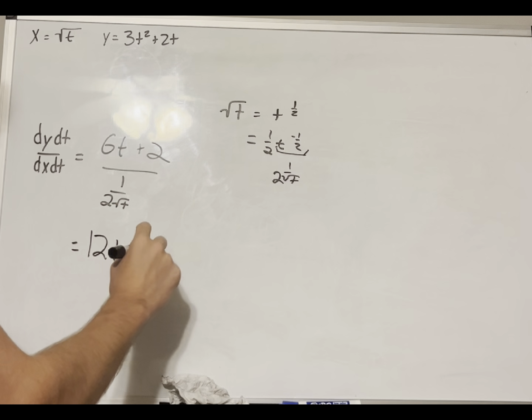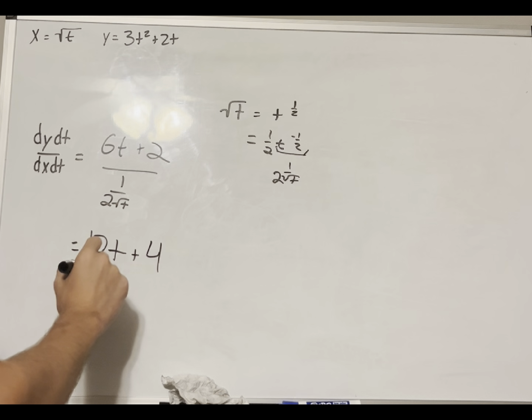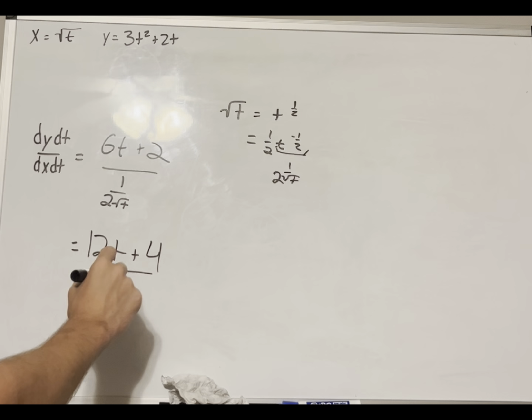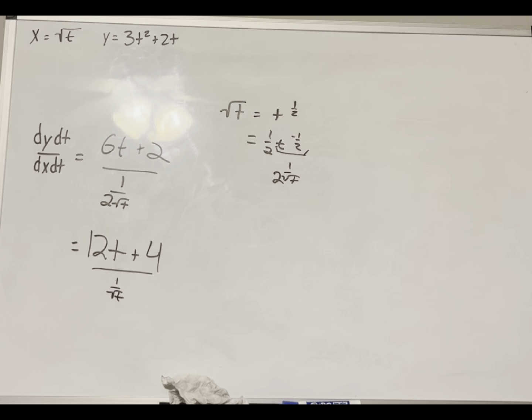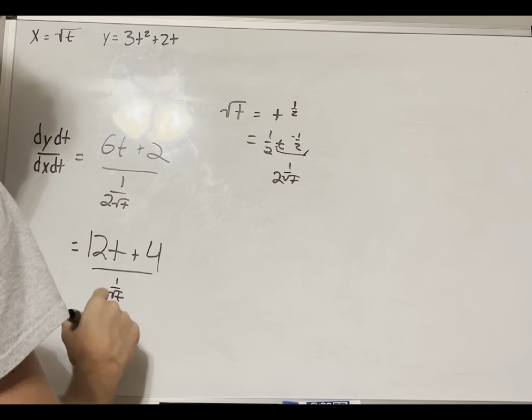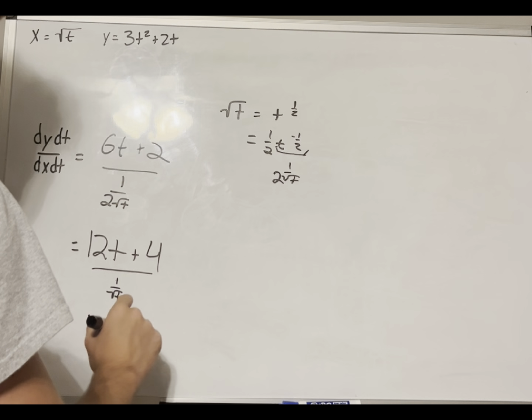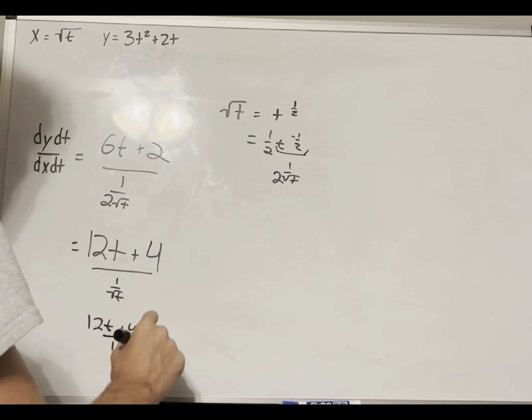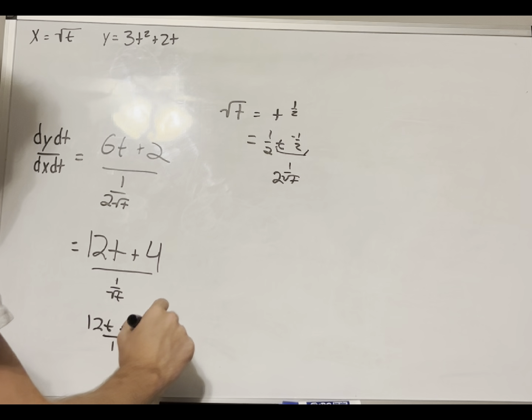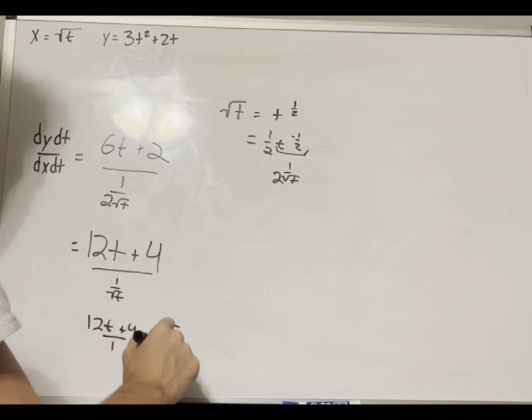12t plus 4 divided by 1 over root t. And then from this point, you keep, change, flip to get 12t plus 4 over 1 times root t over 1.